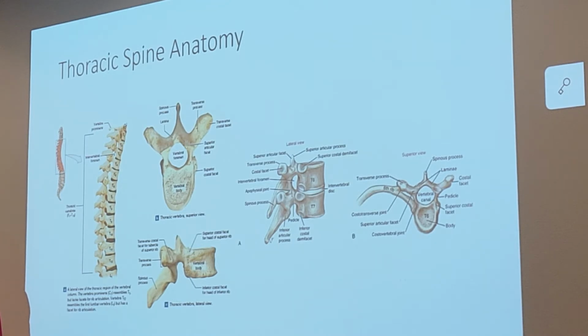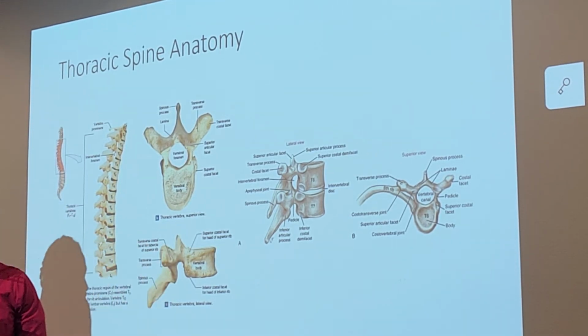Costovertebral connects the ribs and the body of the vertebrae. Costotransverse joint is the rib and the transverse process. It's in the name. With the joints, always costal in the name means ribs, and transverse process.